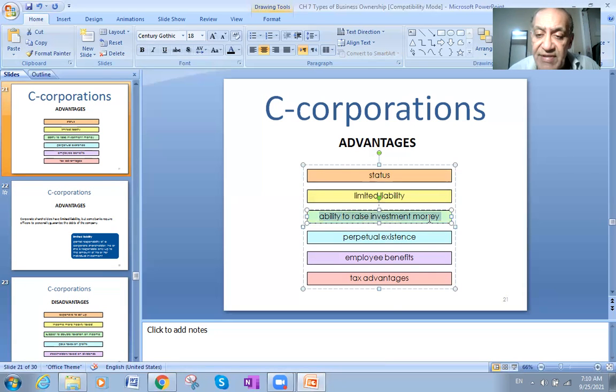Ability to raise investment money, that's fine. We said this, the ability here is much higher in relation to the sole proprietor and the partner. Perpetual existence, employee benefits, yes, because people who are working here are stable, they are not fired so quickly.